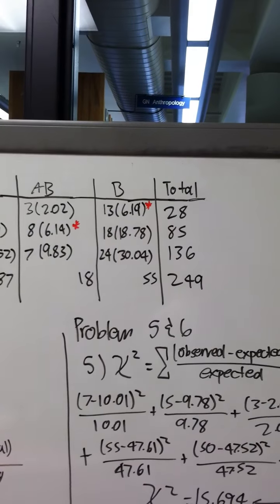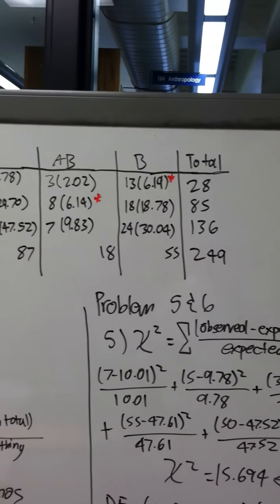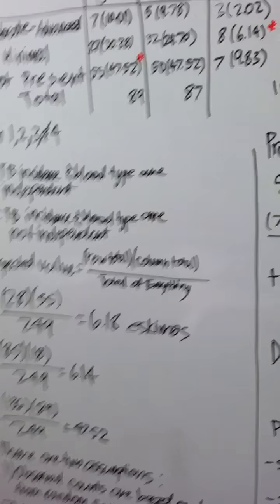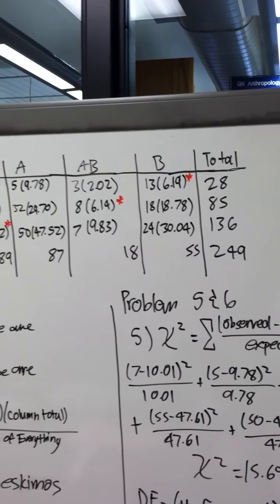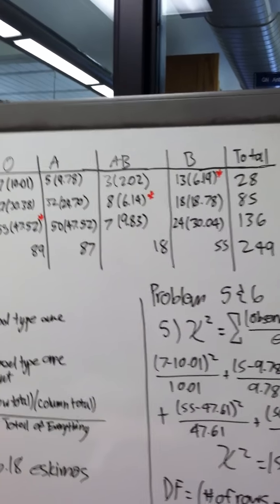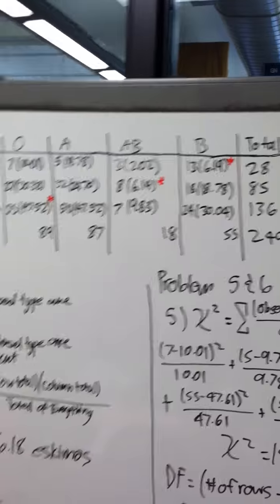So that would go into the parentheses. Basically, in this table, whatever number is in the parentheses is the expected value.